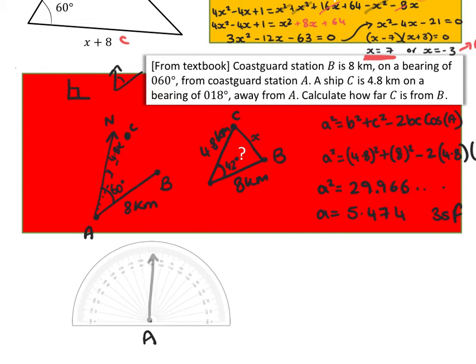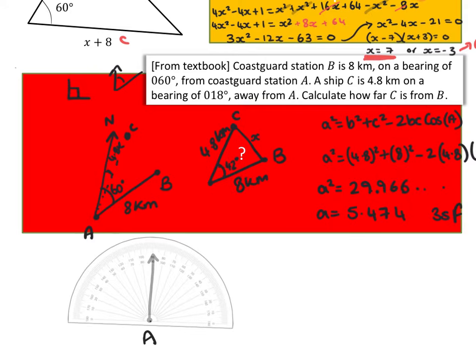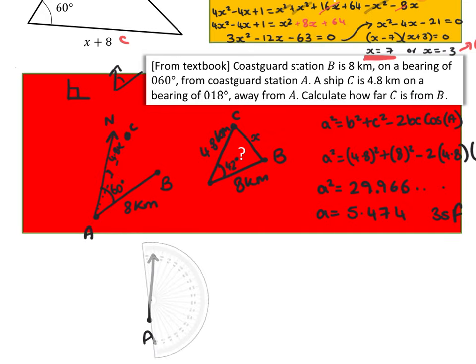So if I put this here, if we go to 60 degrees, remember we always start at north for bearings. We go across, 0, 10, 20, 30, 40, 50, 60, okay? So 60.